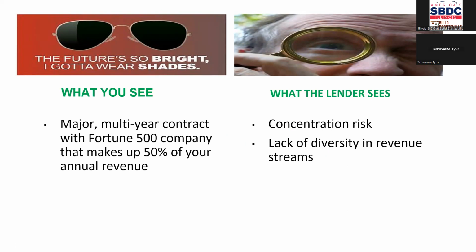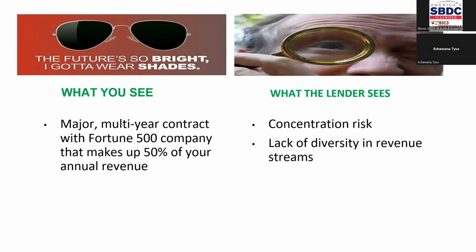So let's take an illustration really quickly. One of the things we talked about in our invitation to you is the ways in which the lender processes your proposal, your request. On the left-hand side is the business owner. So what does the business owner see? The business owner comes in and has bragging rights about a big multi-year contract with a Fortune 500 company.